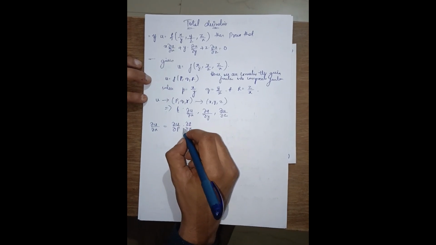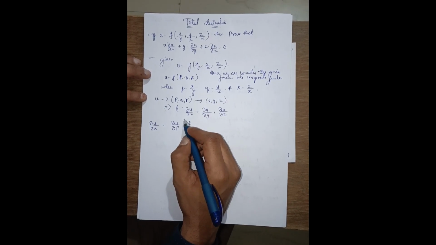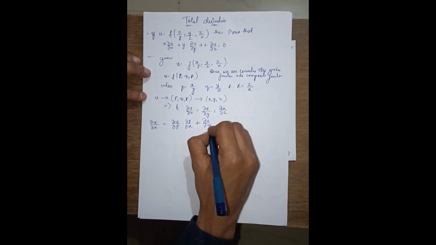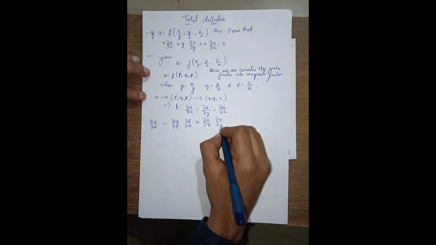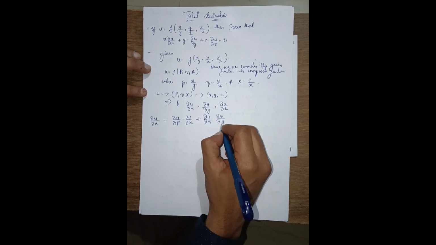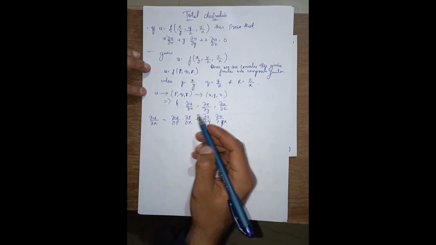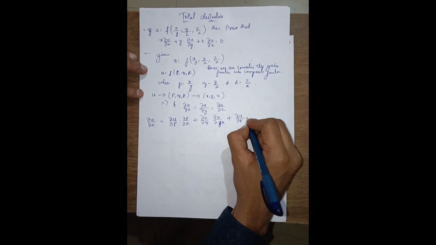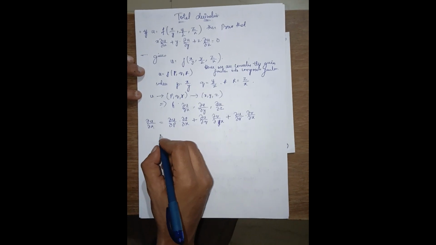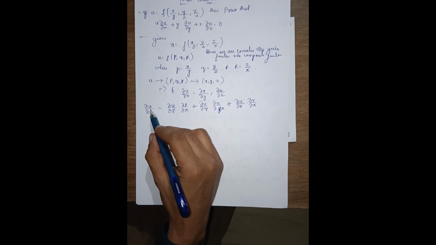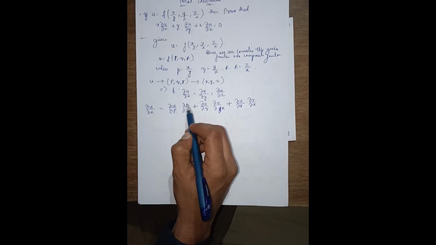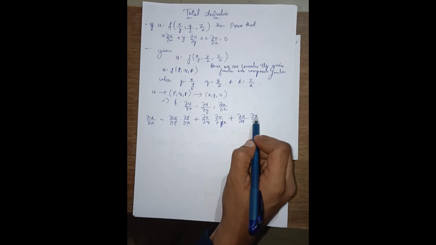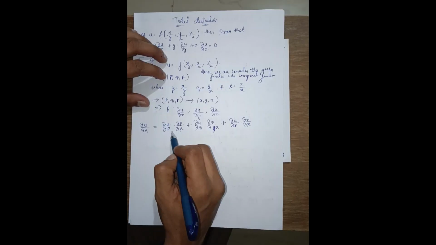This is partial differentiation in the composite function, like in the total derivative formula, plus dou u by dou q into dou q by dou x, because we are differentiating with respect to x, plus dou u by dou r into dou r by dou x. It is the chain of differentiation.